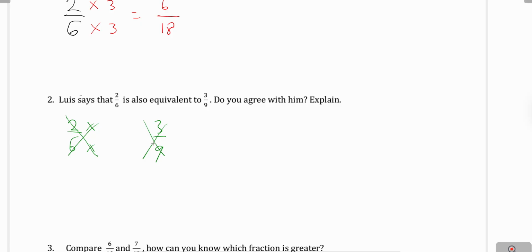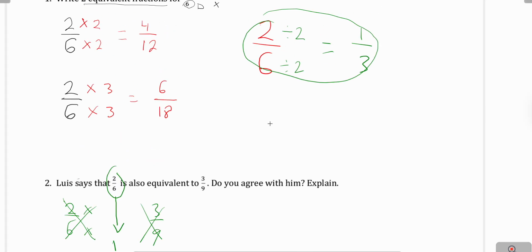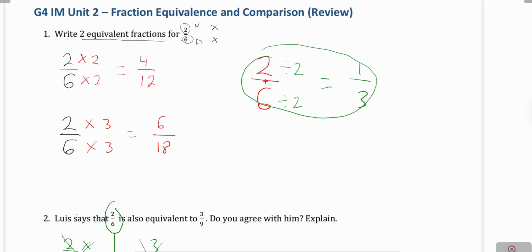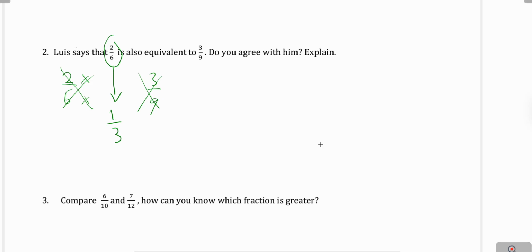But what we do know is that 2 6 is the same as 1/3, okay? Because we can do 2 divided by 2 and 6 divided by 2, and that gives us 1/3, just like we saw it over here. 2 6 divided by 2 equals 1/3. So now, is 1/3 the same as 3 9s?